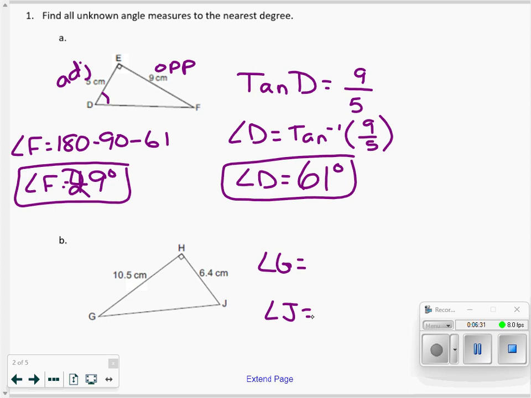Okay, I see mostly 31 and 59. So G was 31. J was 59. That's what I got too. When you're ready, you can flip it over and we'll do the next question.